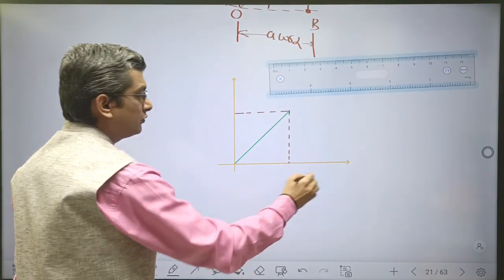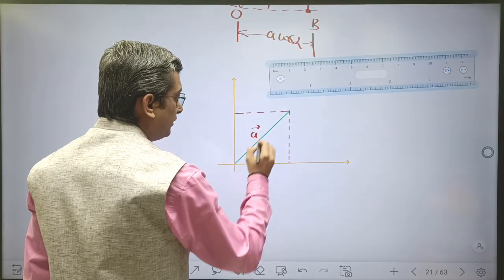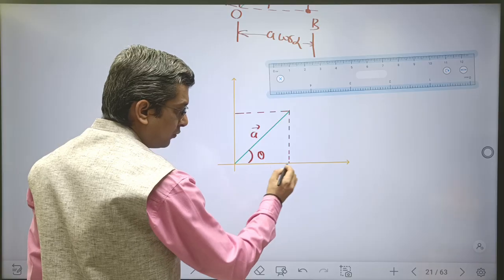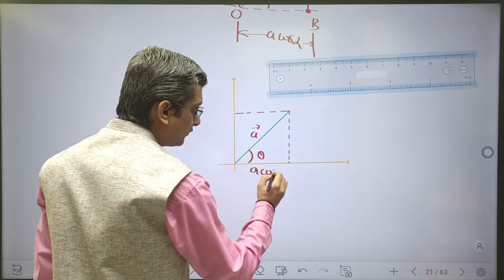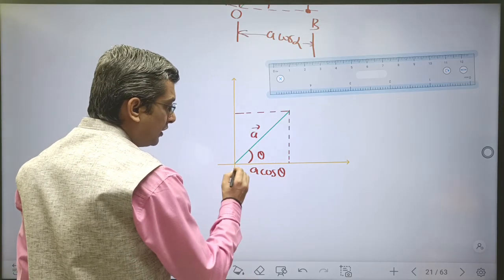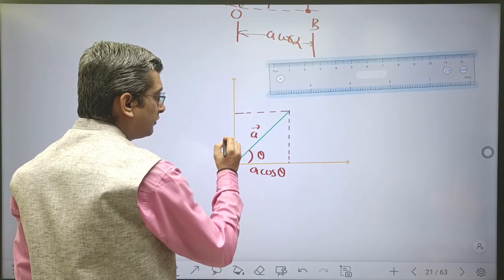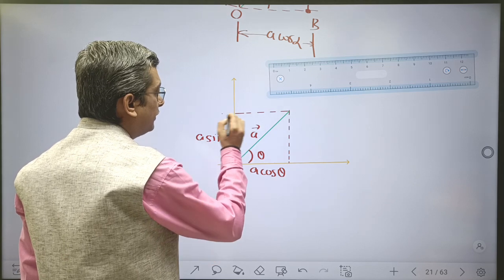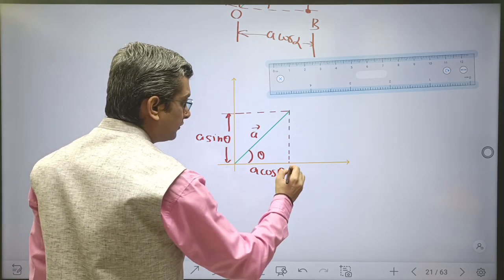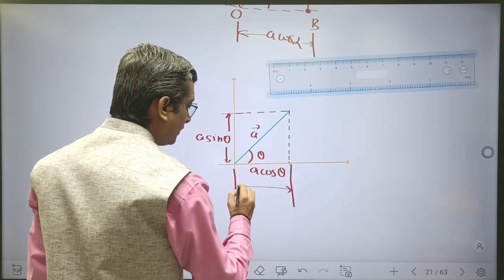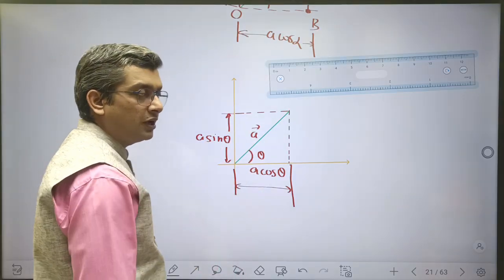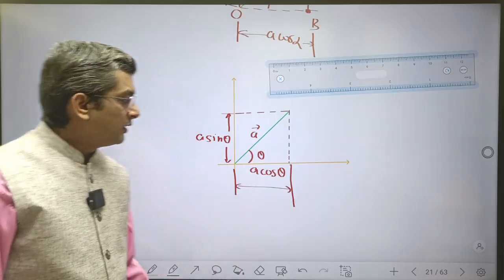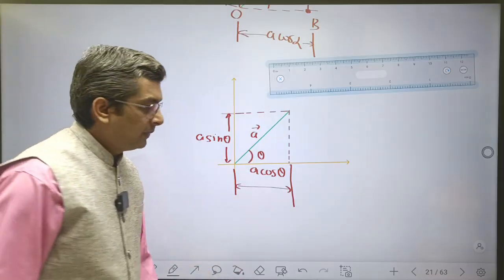If this is vector A and this is theta, then the component adjacent to theta is known as A cos theta, and the component perpendicular to it is given by A sine theta. So A sine theta is perpendicular to A cos theta, and here it is the A vector. In this way we take the components, isn't it?